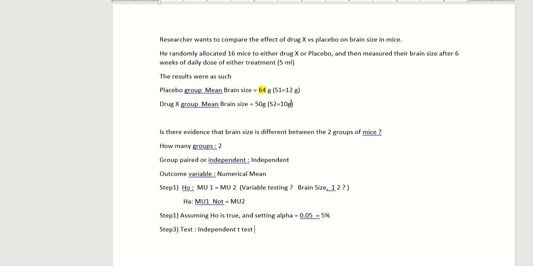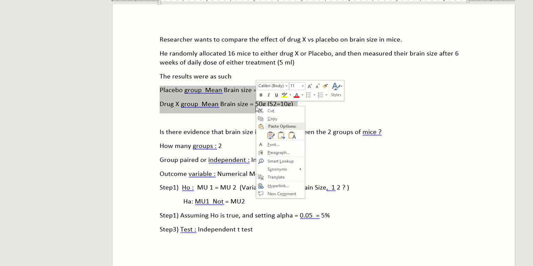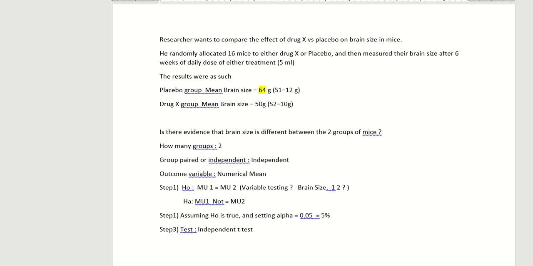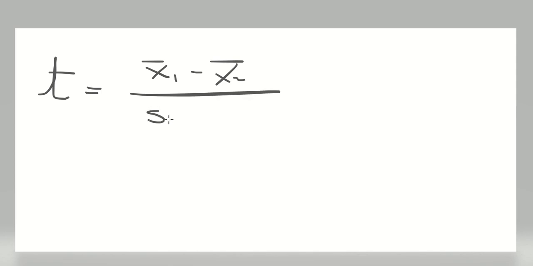To do so, let me get these from here and put them somewhere else that I can look at them. And let's go to our painting brush. If you remember, the independent t-test has the following formula: x bar 1 minus x bar 2, divided by s pooled times the square root of 1 over n1 plus 1 over n2.